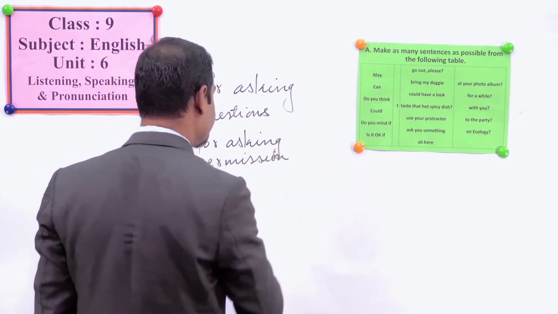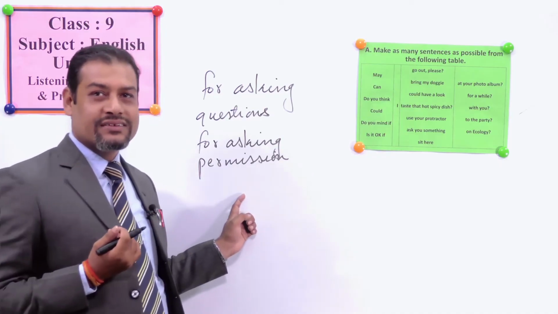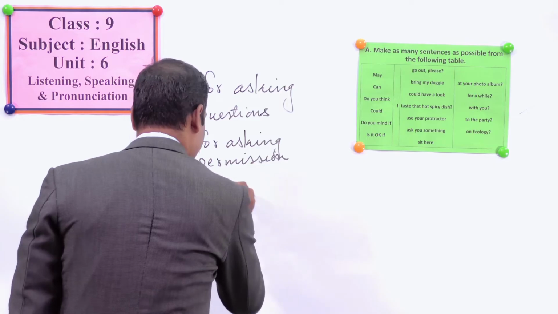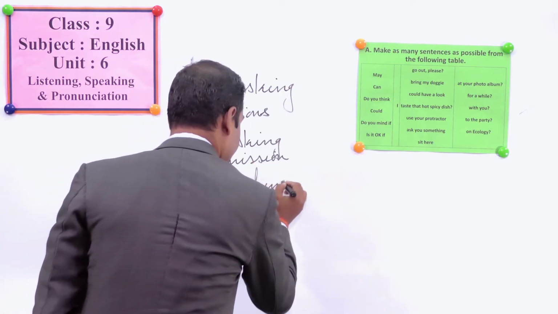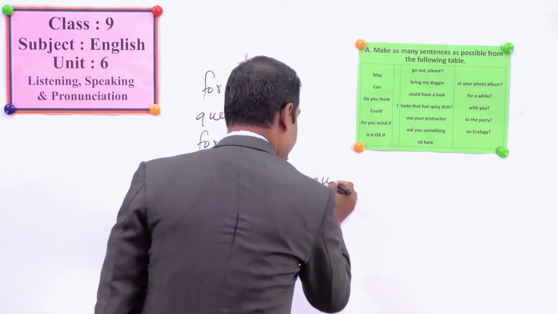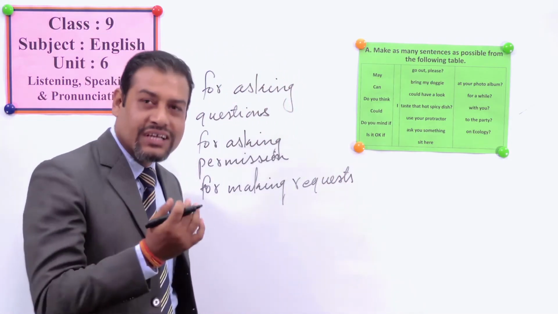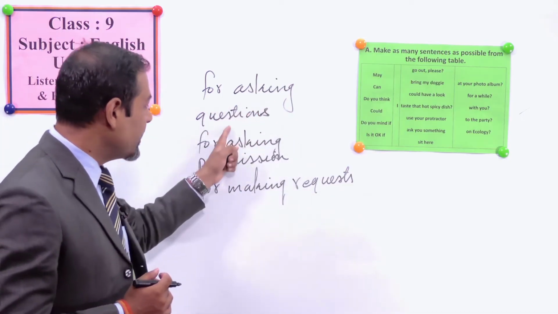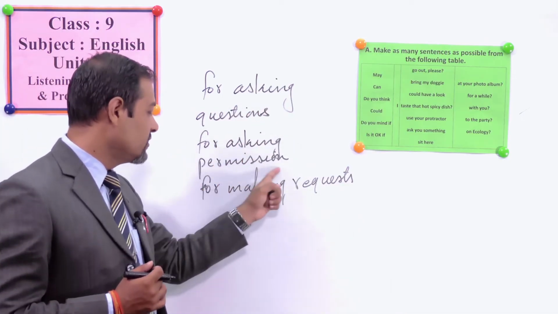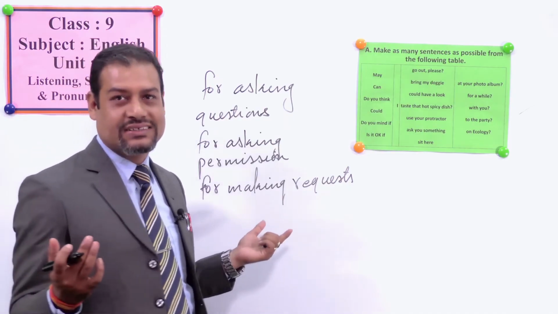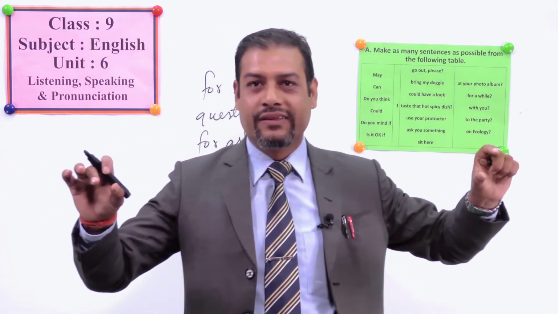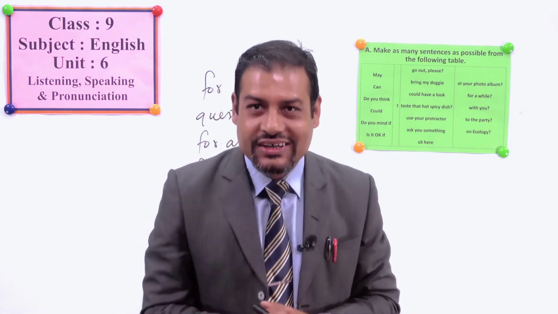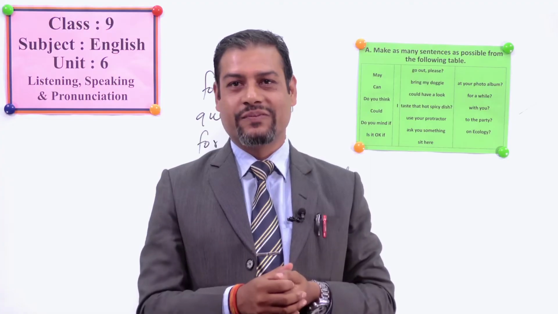Or do we use it for making requests? So can you tell me, dear students, why do we use this structure? For asking questions, or for asking permission, or for making requests? So what is the language function? Why do we use this structure in our daily communication? All of you tell me please, can you guess?